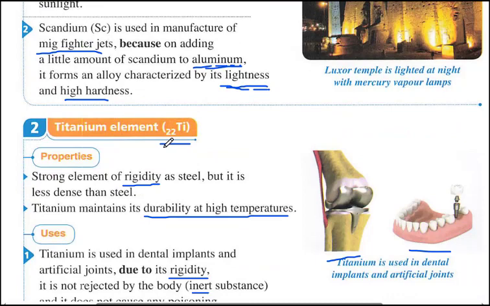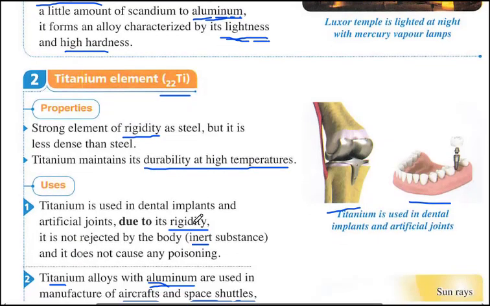Titanium 22. Titanium is characterized by rigidity. So if it is mentioned in the exam that a metal is very rigid or very hard, and this metal itself without any alloy is rigid, so it is 100% titanium. It is inert and has durability at high temperature.